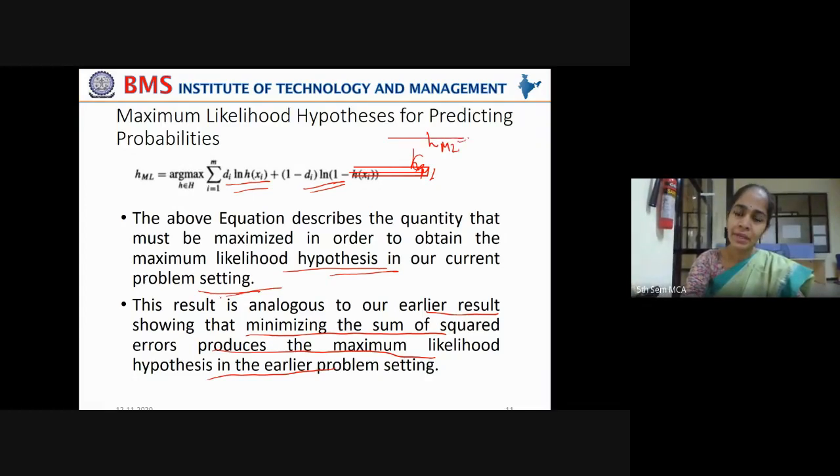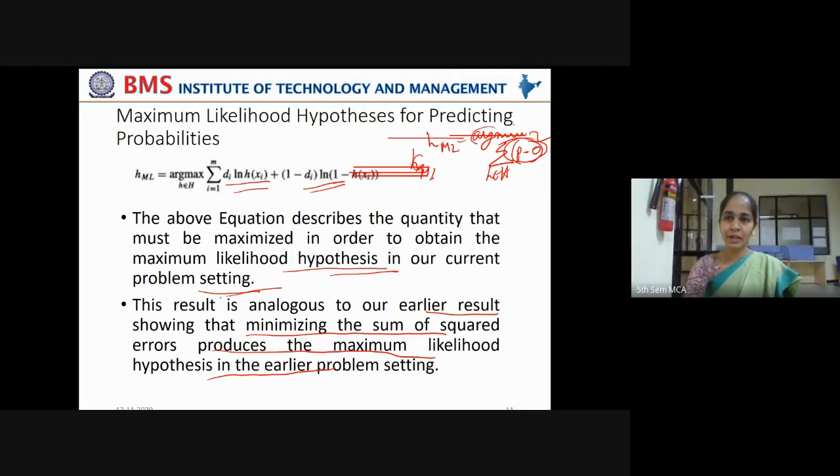HML is nothing but argmin of the sum of all the predicted values minus the original output, say O, squaring all of them. Minimizing that prediction error by argmin will give you the maximum likelihood.